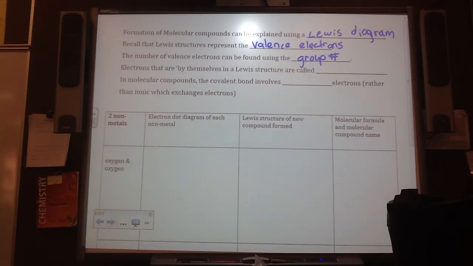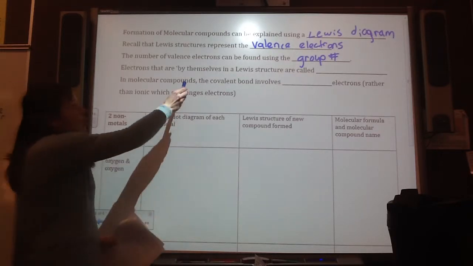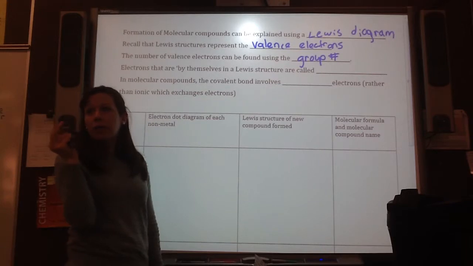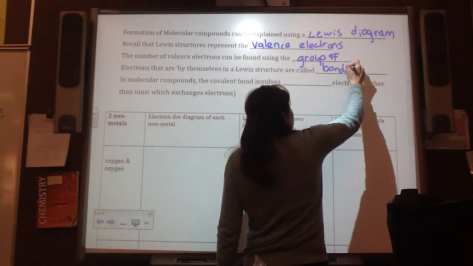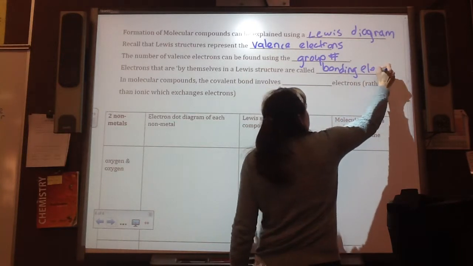Do you remember what these are called together? They are stable. These were called a lone pair. And those were, close, bonding electrons. Okay. So electrons that are by themselves in the Lewis structure are called bonding electrons.